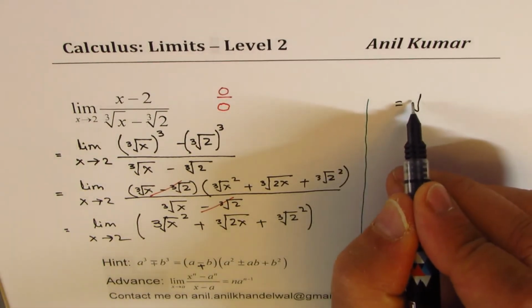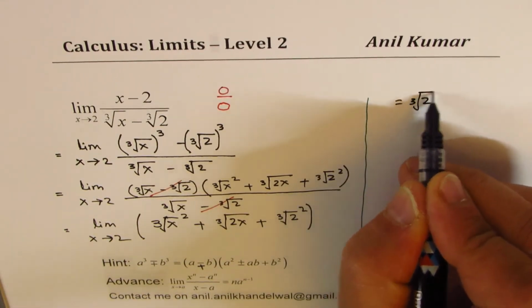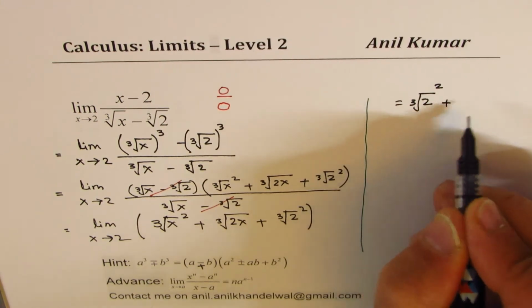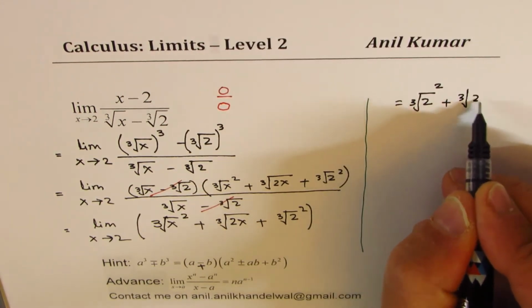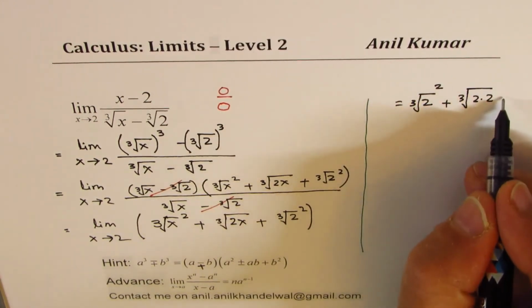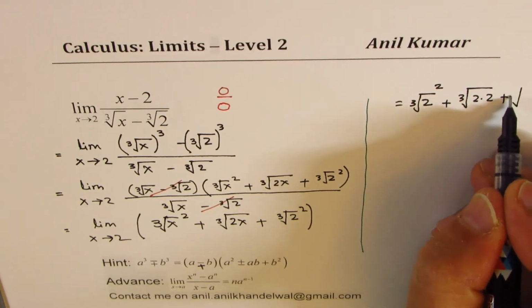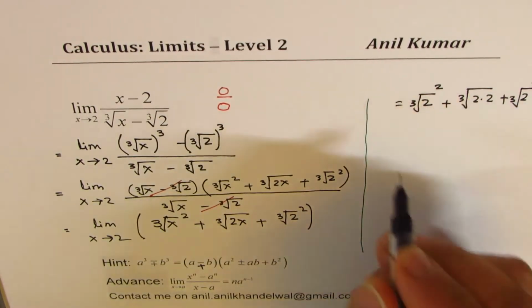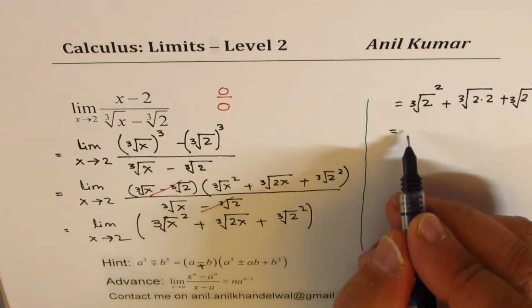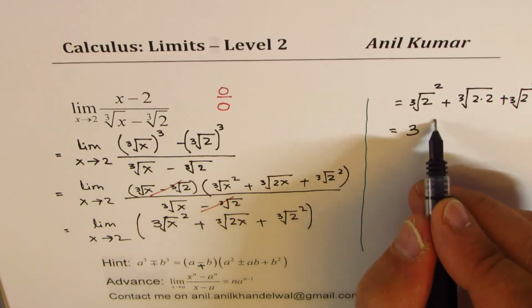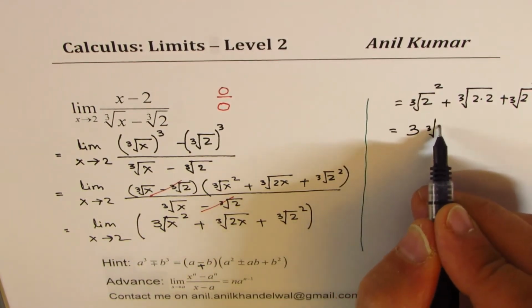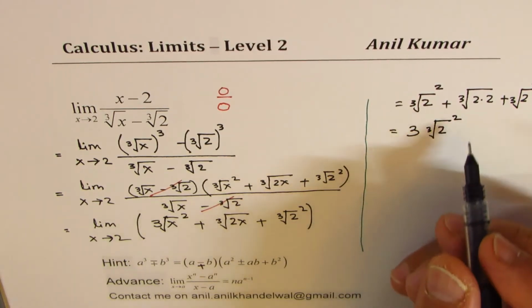So we get cube root of 2 whole square plus cube root of 2 times 2 plus cube root of 2 whole square. That means we have got three similar terms, which is 3 times cube root of 2 square, right?